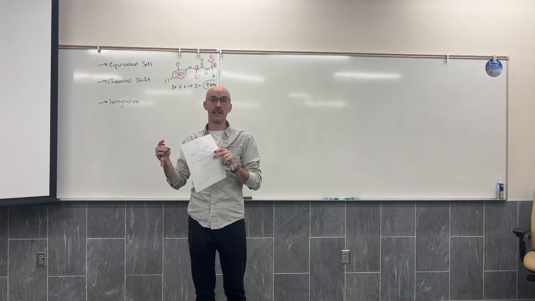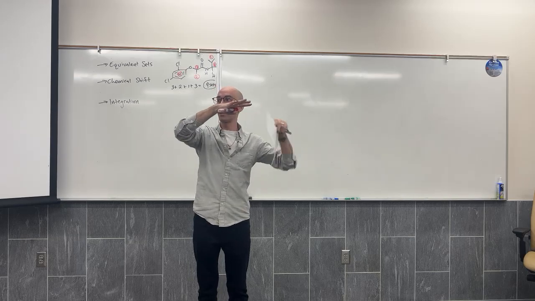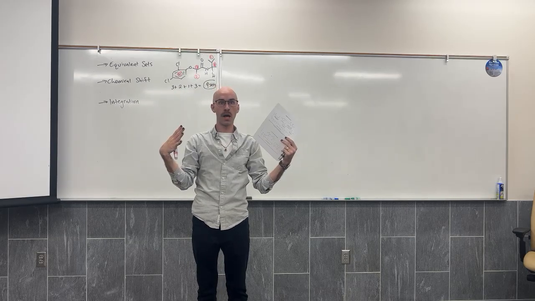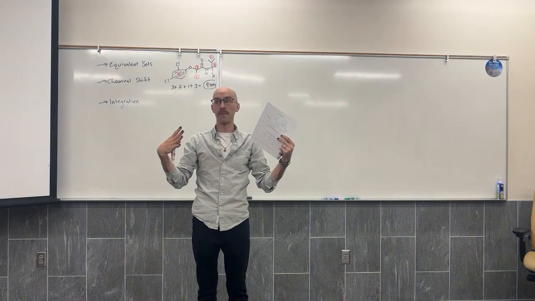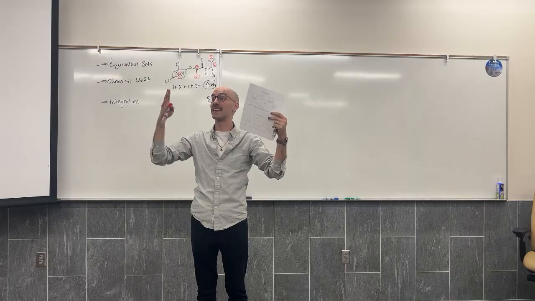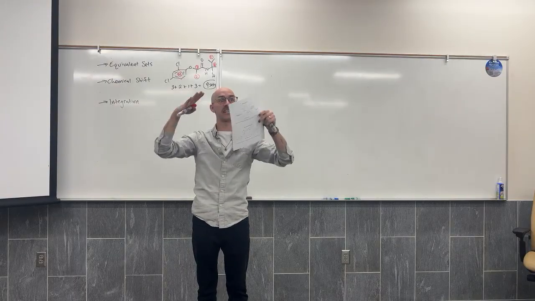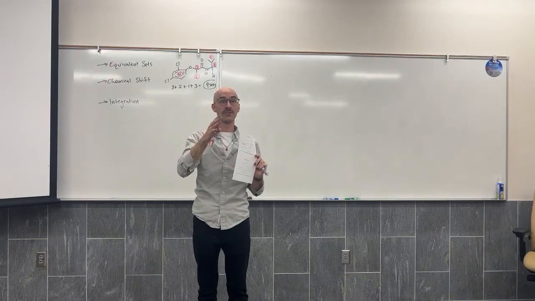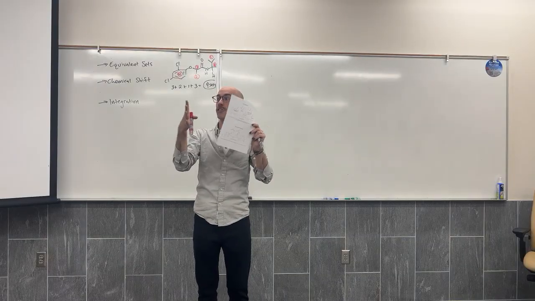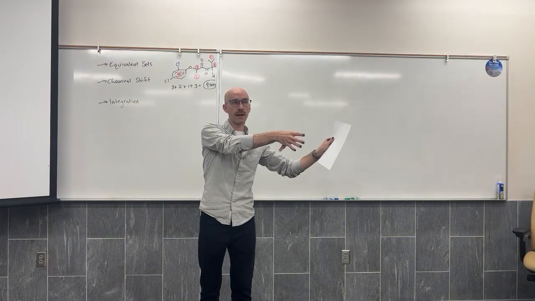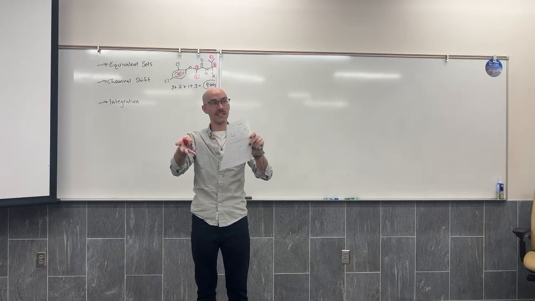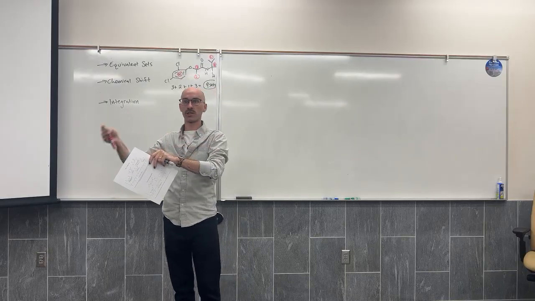If they're shielded, the groups appear more to the right. But what is doing the shielding? What blocks the nuclei from the magnetic field? The electrons interact with the magnetic field, creating a shield around the nuclei. So the more electron density, the more shielding, the further to the right. The less electron density, the less shielding, the more to the left.